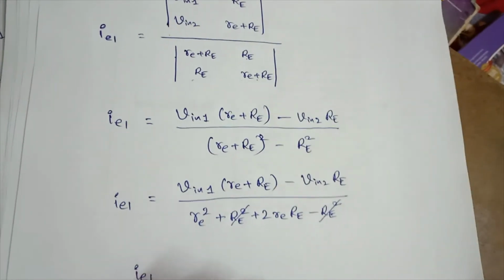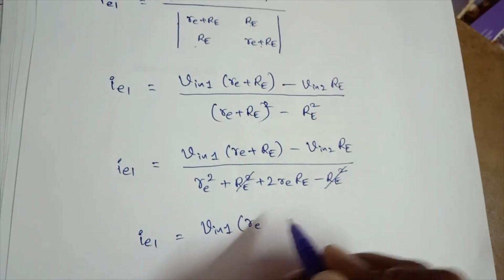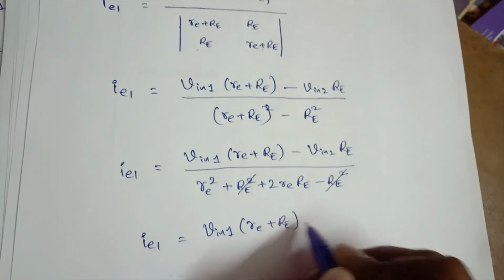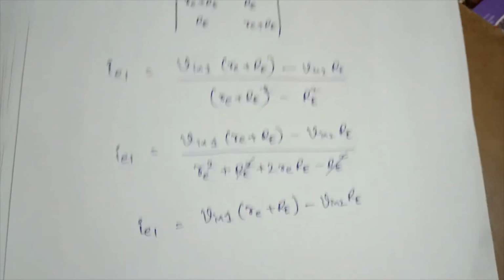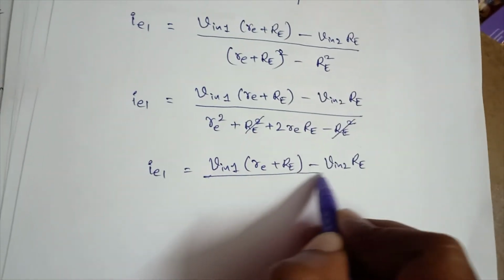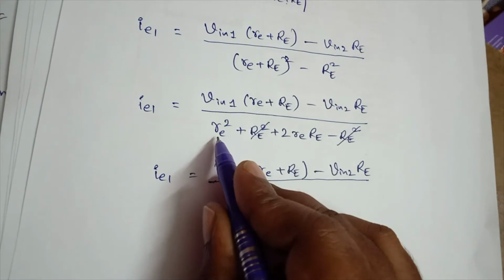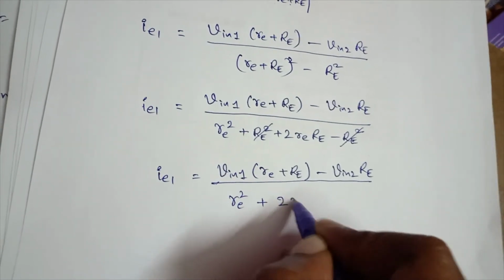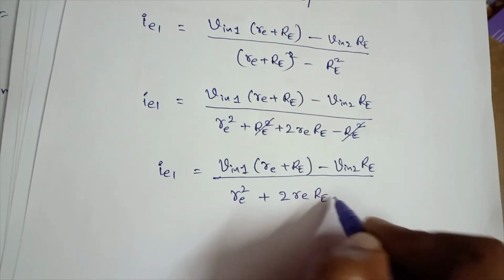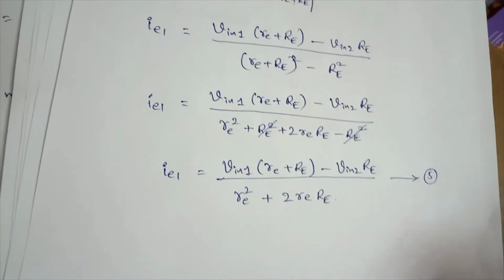We are getting IE1 as Vin1 into (Re plus capital Re) minus Vin2 into capital Re, divided by Re square plus 2 Re capital Re. Let it be equation number 5.